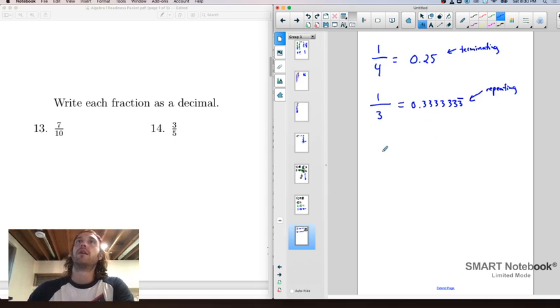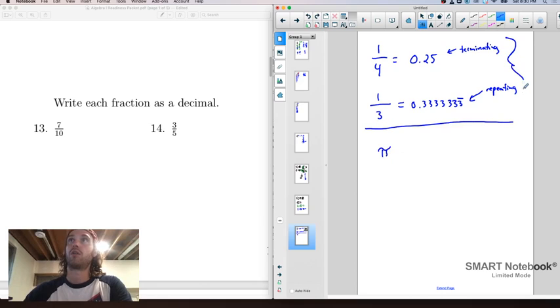All right. Now, there are also decimals that never terminate, and they also never repeat. And those kind of decimals are numbers like pi. These are not rational numbers. And pi is what's called an irrational, or a non-rational number.